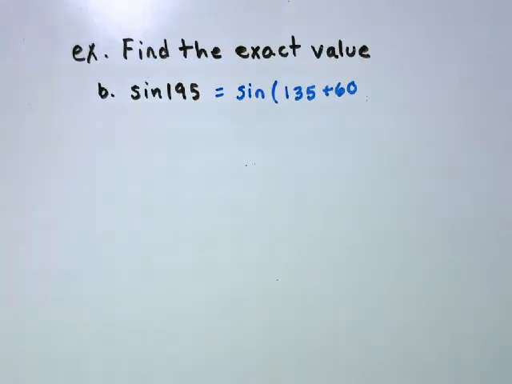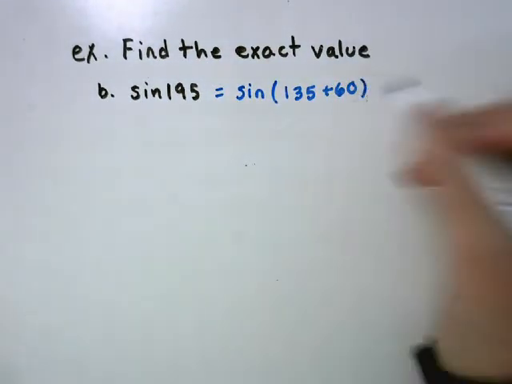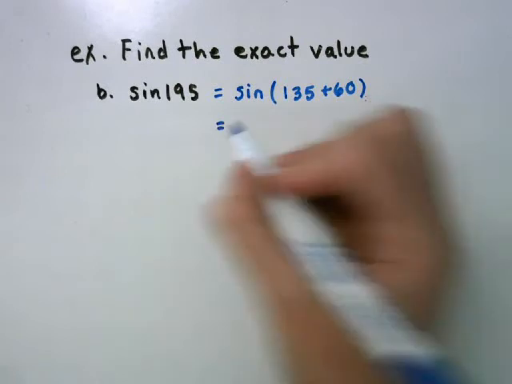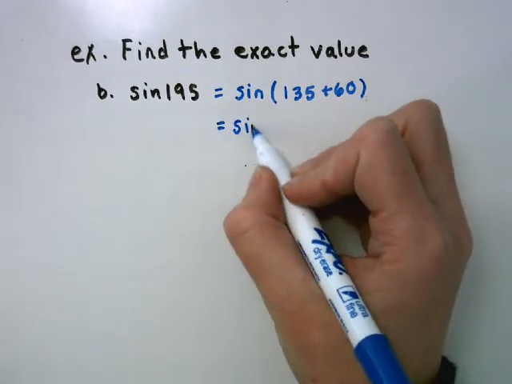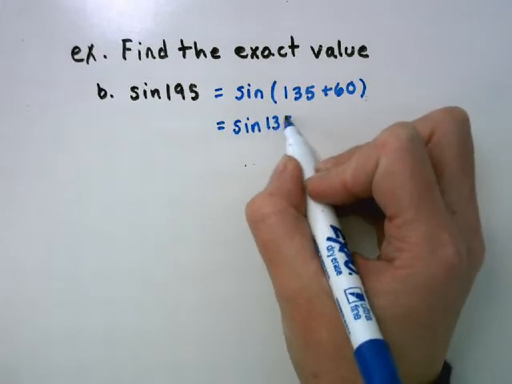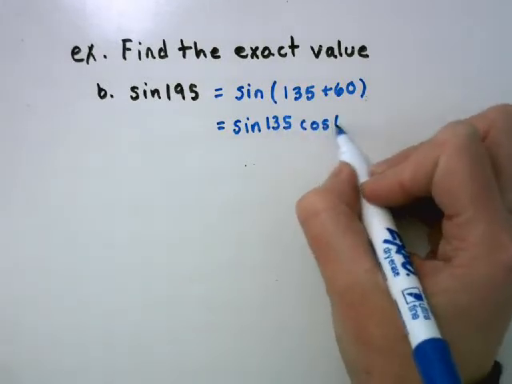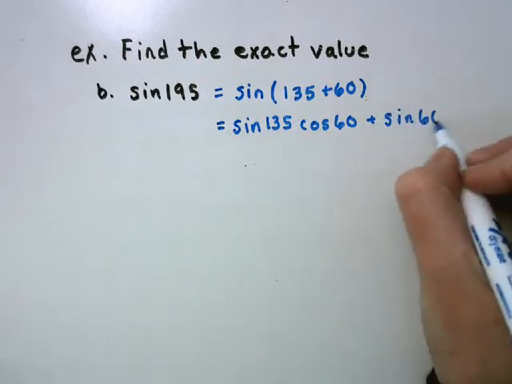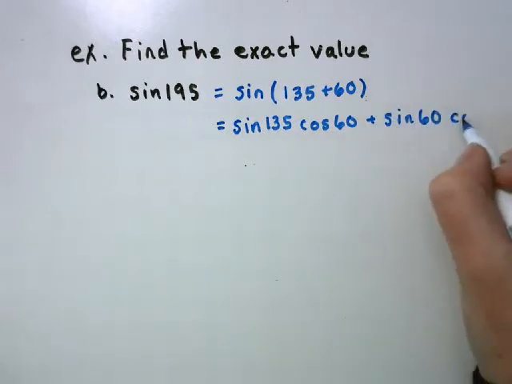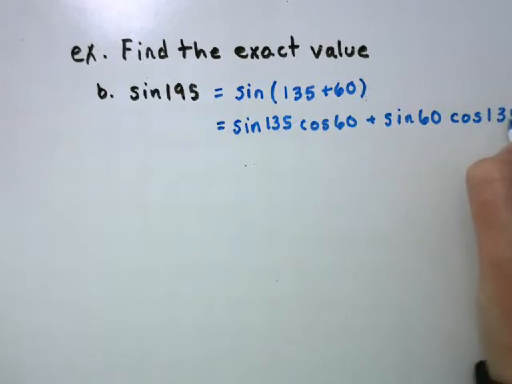Those are all valid choices, and you'll get the same thing. So now we're going to apply the sum identity for sine. So that's going to be sine 135 cosine of 60 plus the sine of 60 times the cosine of 135.